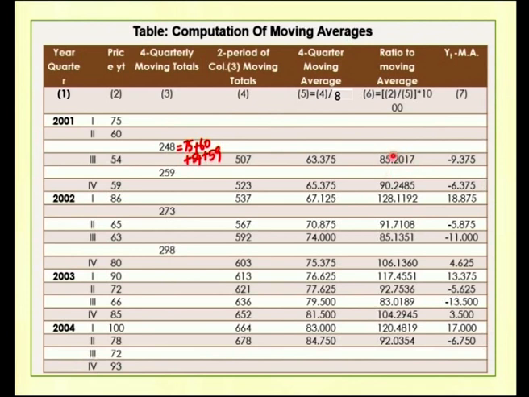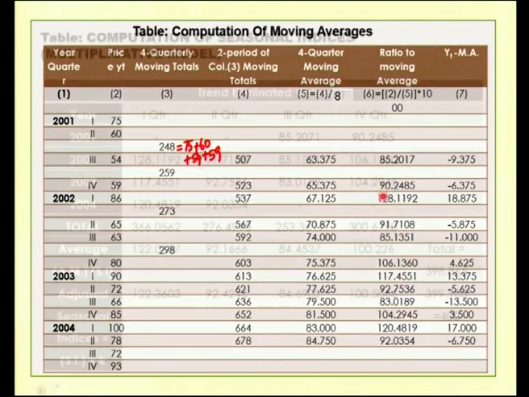This is the seasonal values. Now, when you see 2001, there is no seasonal value for the first quarter and for the second quarter, whereas the seasonal value is available only from the third quarter, then the fourth quarter. Similarly, for 2002 first quarter, the values are written like this.